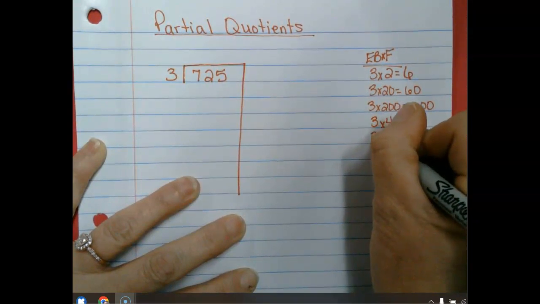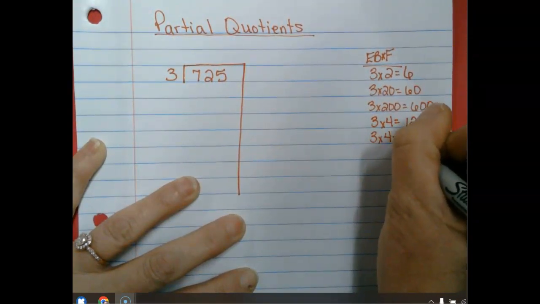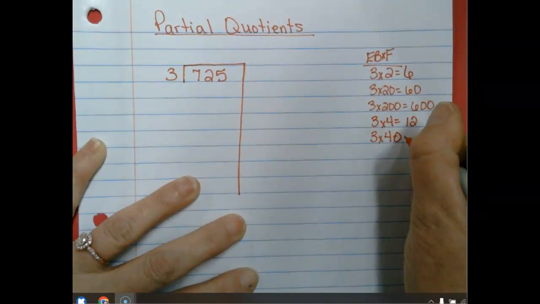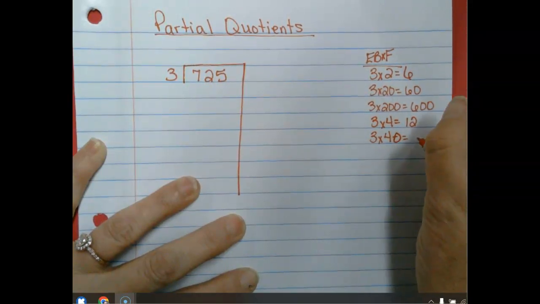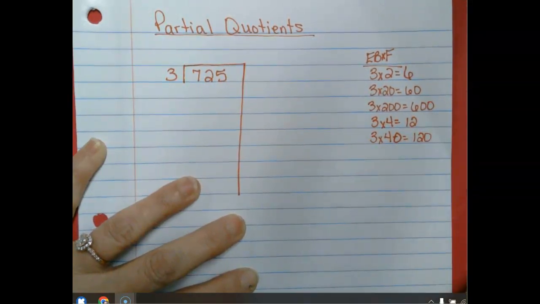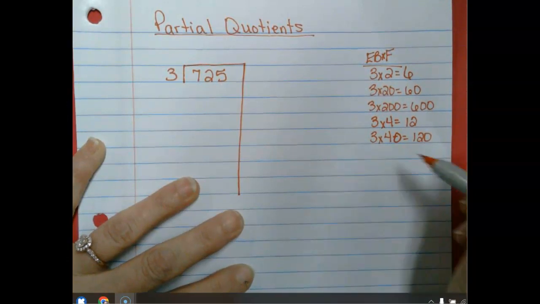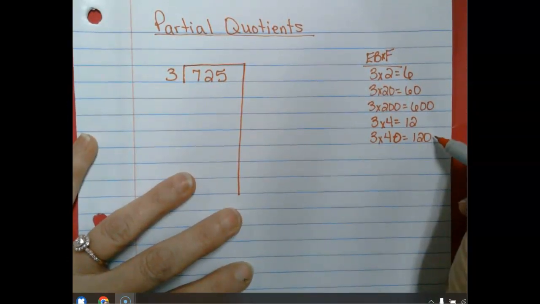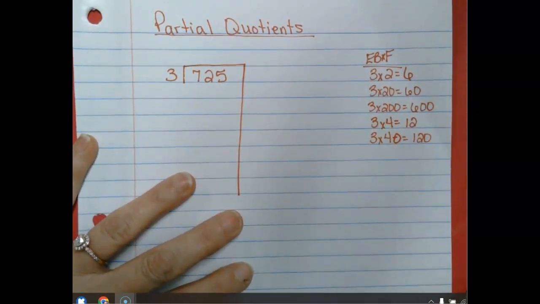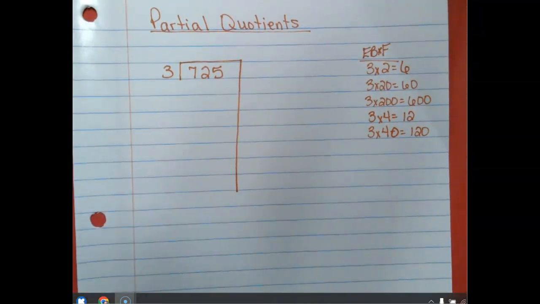So that means that 3 times 40, oops, almost forgot my zero. 3 times 40 is going to be 120, okay? 3 times 400, I know I'm going to add another zero, so that's going to put me in the thousands. So I don't think I'm going to do that. That's just getting a little too big there. Okay. All right. So let's see what we can use.